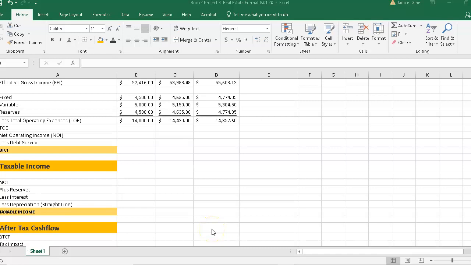Since we have our total operating expenses, we can now calculate our net operating income.